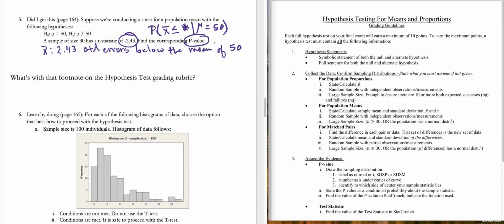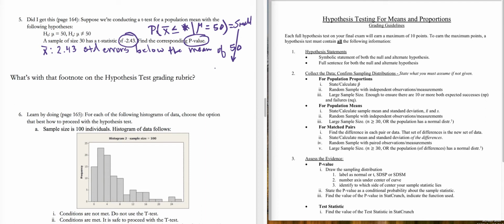2.4 standard errors below the mean is quite far. That makes this occurrence really very unusual. So this p-value would come out fairly small.